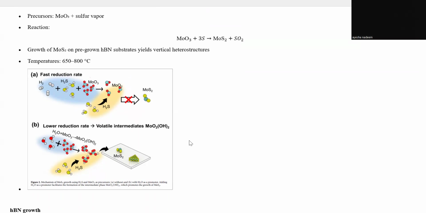These all three are the reactants, which give us molybdenum dioxide, and molybdenum dioxide then proceeds with H2S and gives us molybdenum disulfide. But in the low reduction rate, the volatile intermediate molybdenum dioxide forms two molecules of hydroxide. Here the water molecules, when they react with molybdenum trioxide, give us this product.